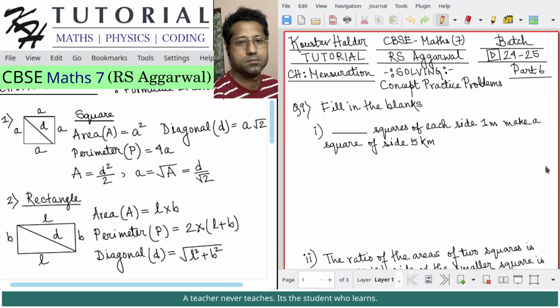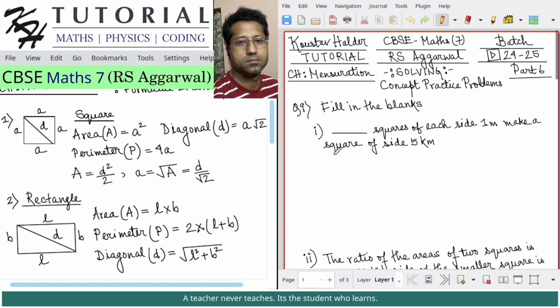So it is asking how many squares of each side 1 meter make a square of side 5 kilometer. Basically the concept is that the area of that number of squares, where each square is of side 1 meter, will be equal to the area of a square of side 5 kilometer.